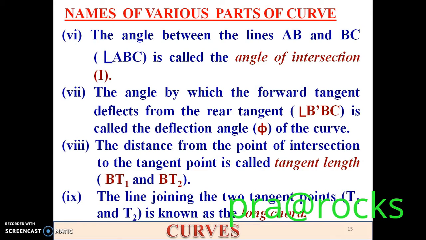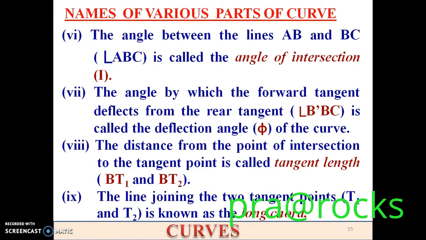Angle ABC, the angle between the lines AB and BC, is termed the angle of intersection I, and the angle by which the forward tangent deflects from the rear tangent is termed the deflection angle of the curve, represented by phi.